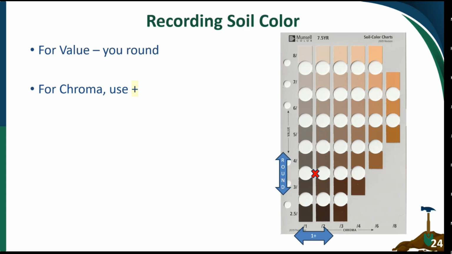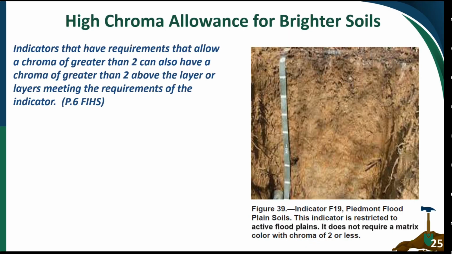The committee tells us that for value, if it's in between, you round the color to the nearest chip. For chroma, if it's in between, you use the lower number and add a plus sign. All right, I want to talk about high chroma allowance for brighter soils.